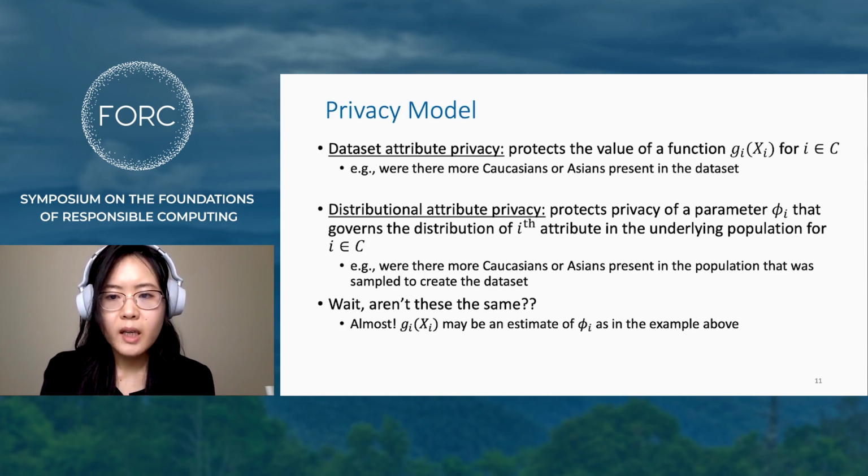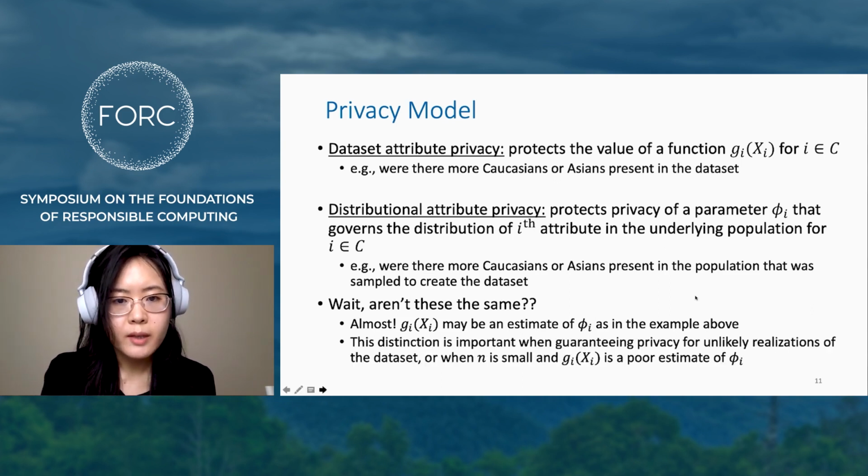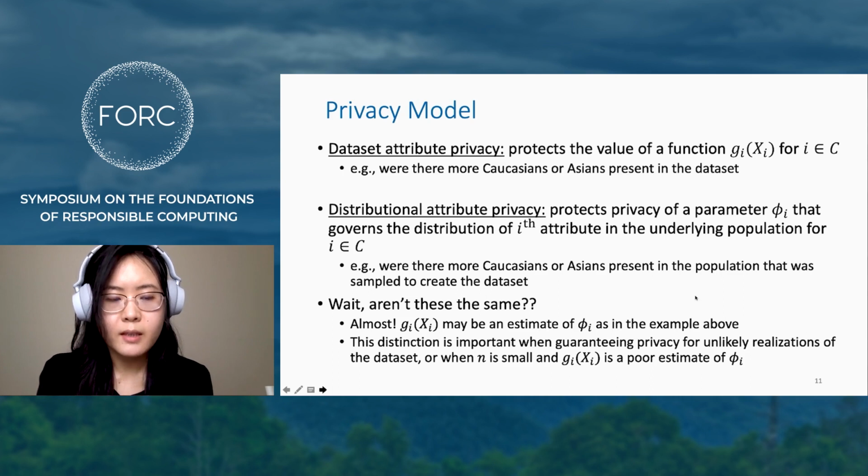Well, they are almost the same in the above case, since gi(xi) is an estimate of phi i. But this distinction is important when guaranteeing privacy for unlikely realizations of the dataset, such as the maximum or minimum, or when n is small and gi(xi) is a poor estimate.